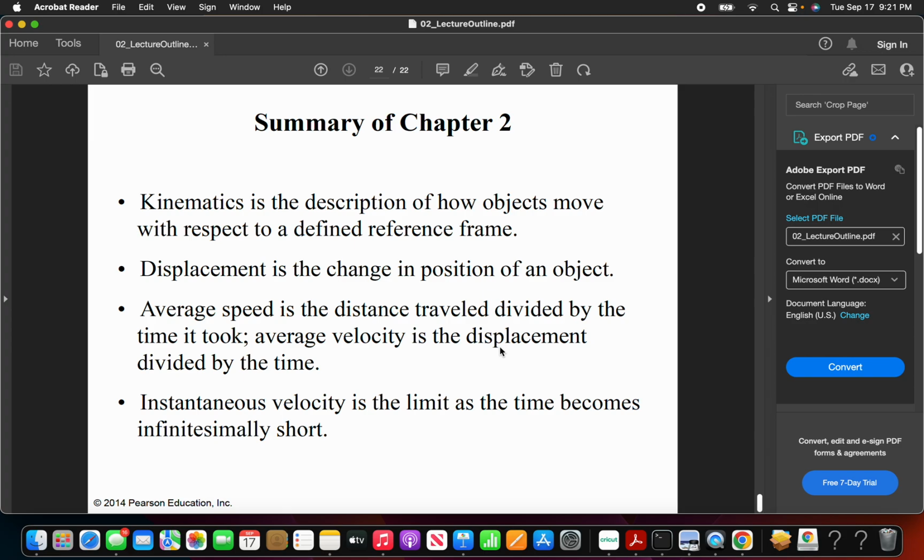Velocity, I already told you it was 0. Why? Because you started and ended up in the same spot, which made your displacement 0. 0 divided by t is 0. All right. And instantaneous velocity is the limit, and so on. And I think that's it, right?